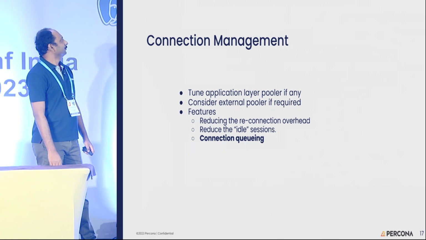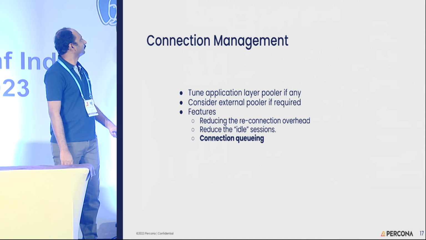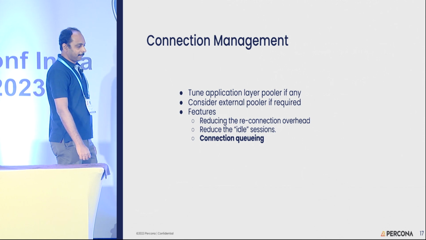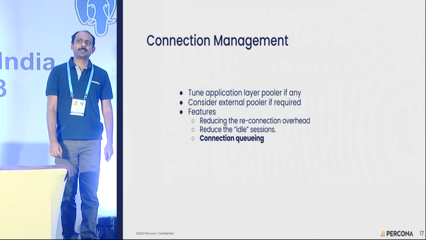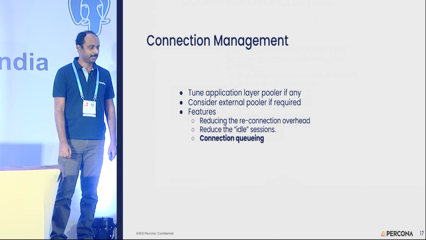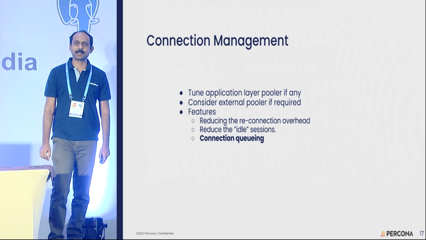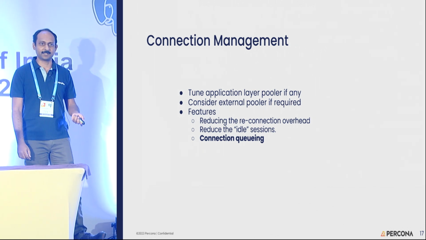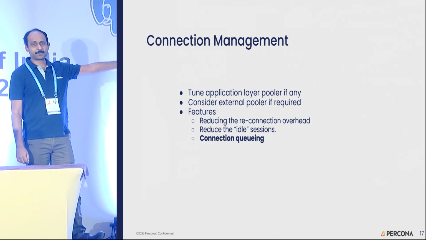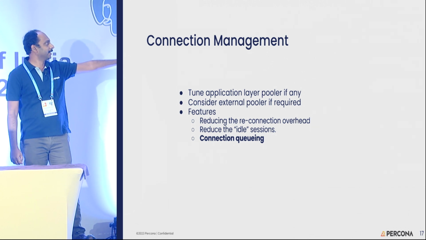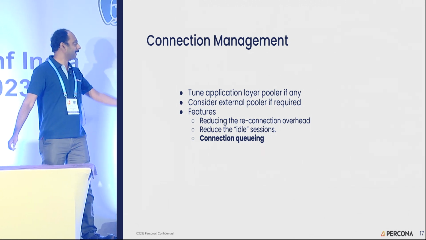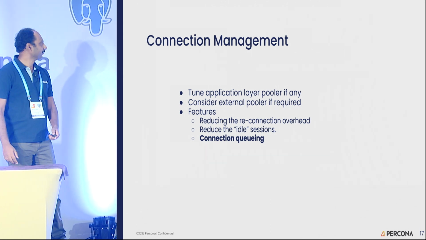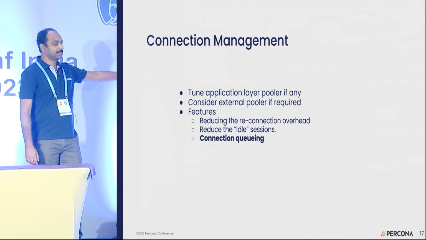And yeah, coming back to connection management, what can we do? Generally we talk about the connection pooler, and yes, sometimes connection poolers are oversold because there is already a connection pooler in the application. So our first priority is to tune the application layer connection pooler. If that is not working, consider an external connection pooler like PgBouncer.